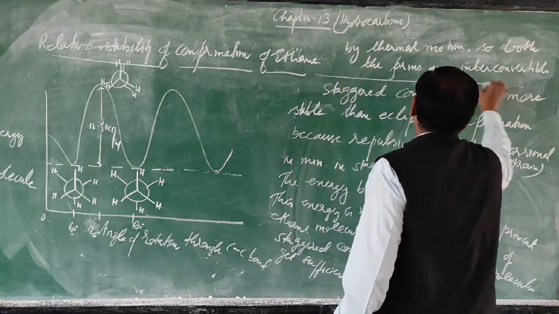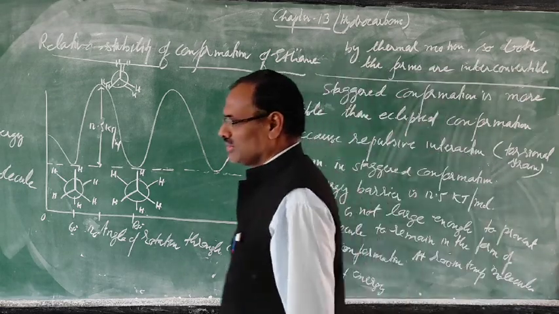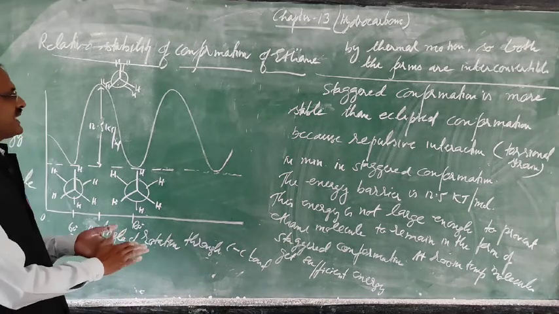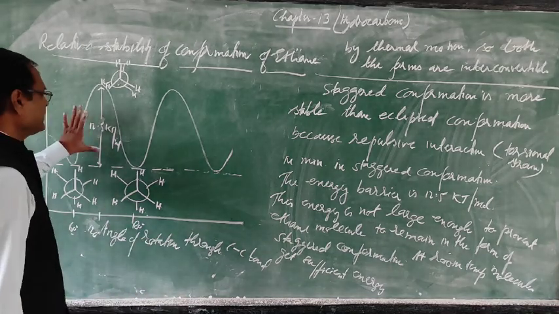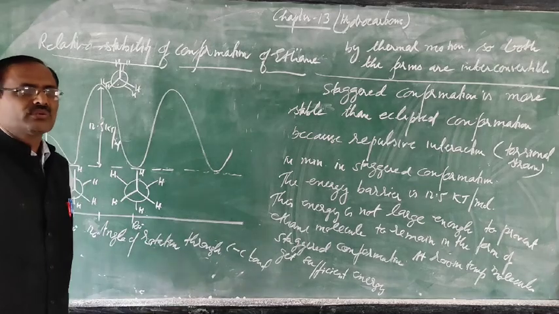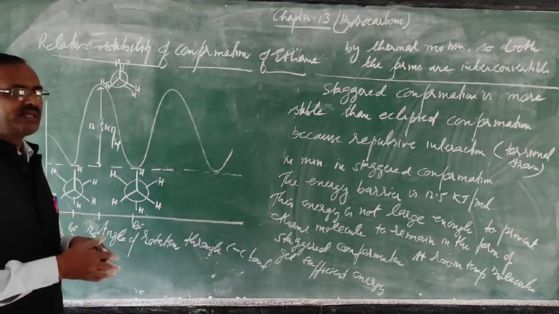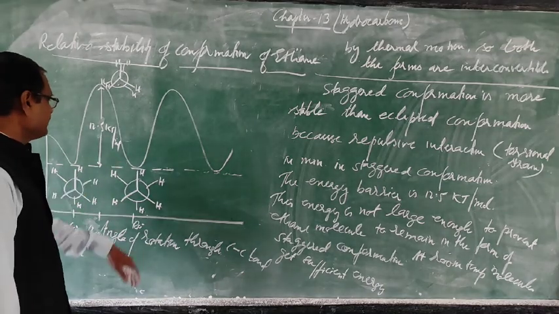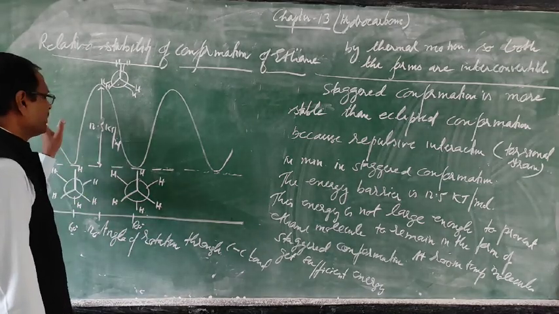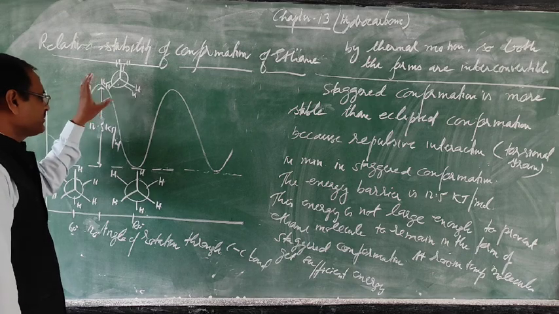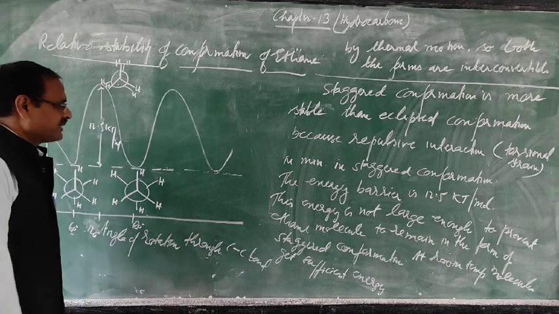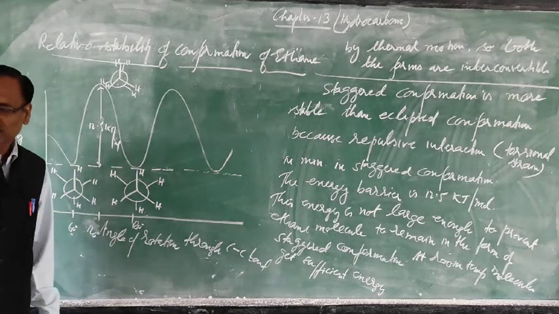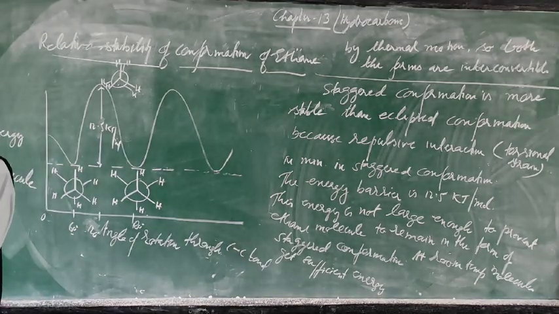The ethane molecule will try to remain in the staggered conformation, but this energy barrier is very small. So at room temperature, with thermal motion, molecules get sufficient energy and staggered will be converted to eclipsed, and eclipsed will be converted to staggered. Both the forms are interconverted by a rotation of only 60 degrees.